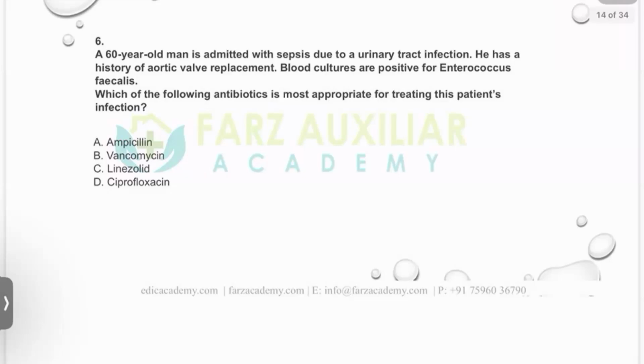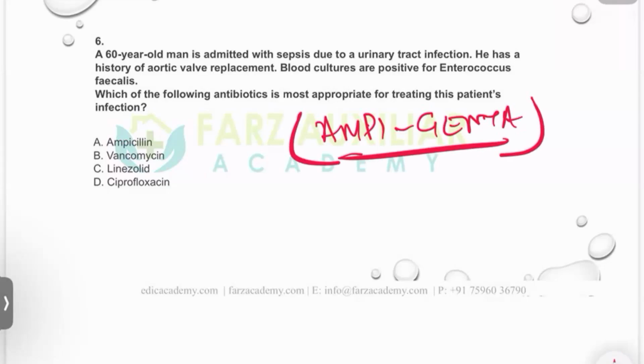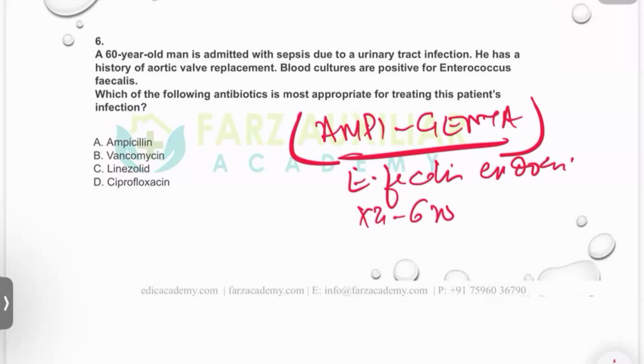Okay. So then, how do you treat? The treatment basically involves using ampicillin as the drug of choice. But if ampicillin is not working, the combination is ampicillin plus gentamicin. This is the combination approved for E. faecalis endocarditis, typically for 4 to 6 weeks.